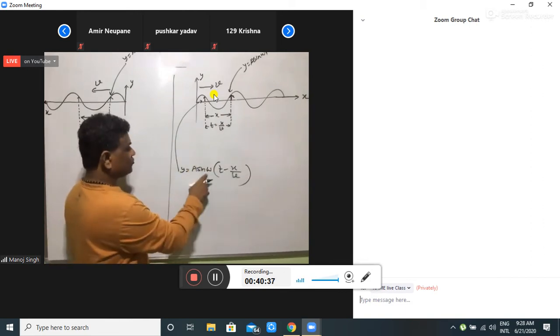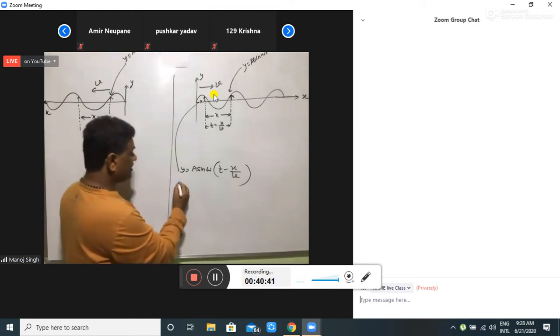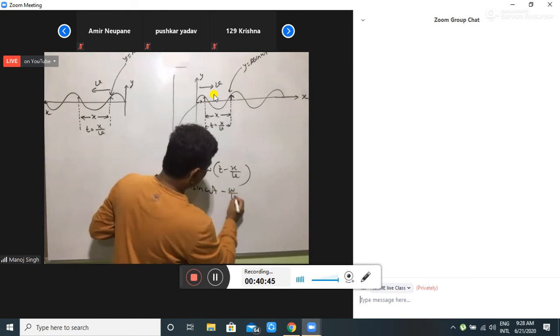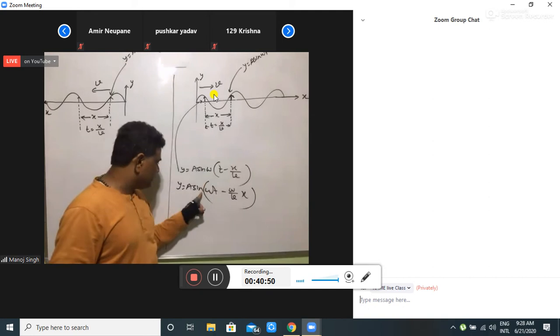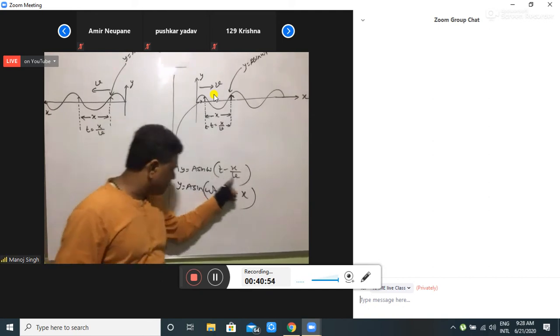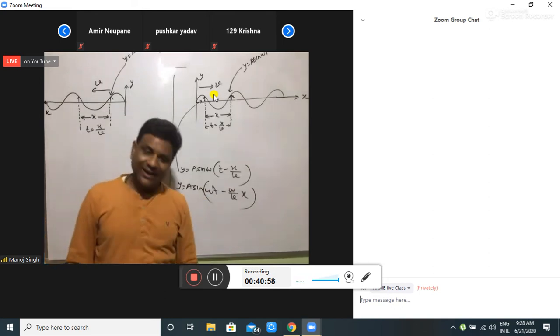So this will be the equation coming on the board now: y is equal to a sine of omega into t minus x by v. Multiplying omega inside, it becomes omega t minus omega by v into x.